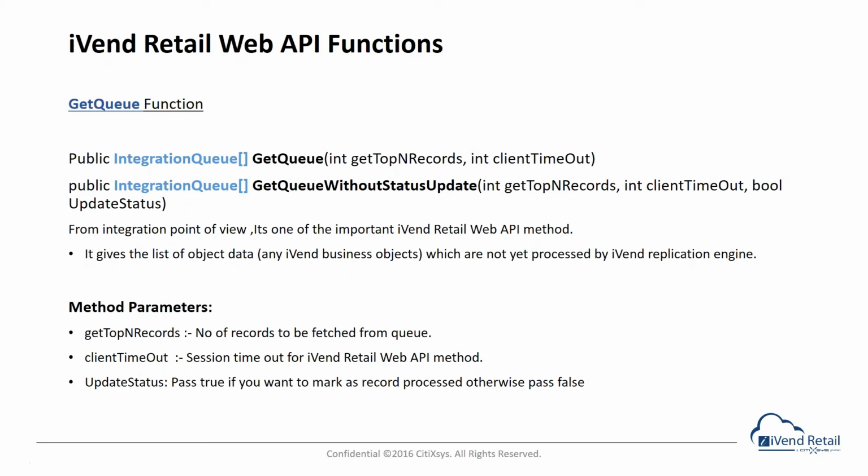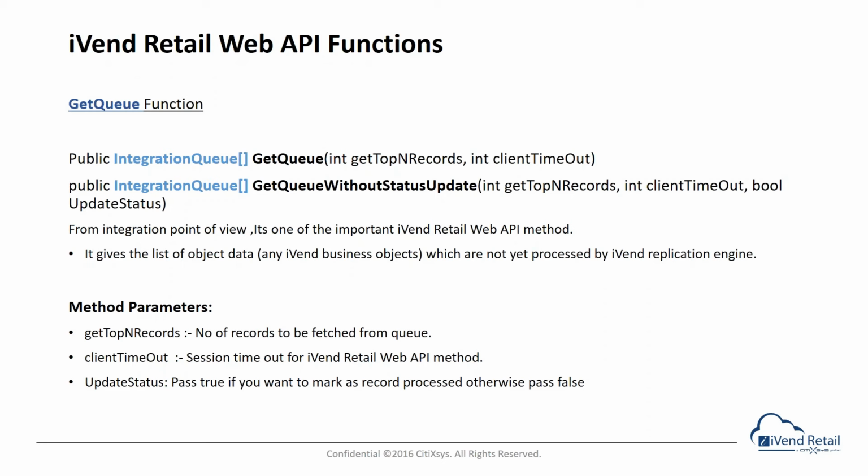But if you do not have that storage or queue mechanism while doing integration, then you can use the getQueue without status update function. Here again you specify the same two parameters, but for the new third parameter, update status, you need to pass the default value as false, so that the iVend queue comes to know that whatever you got from calling this function is still not consumed.